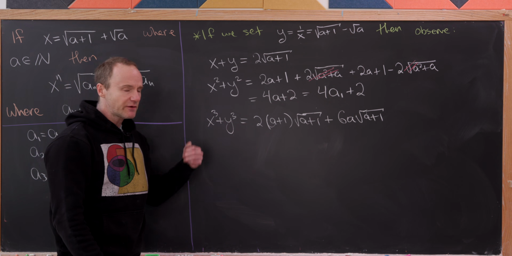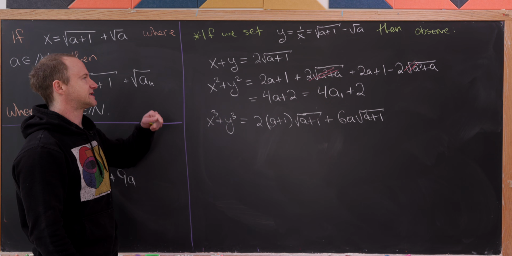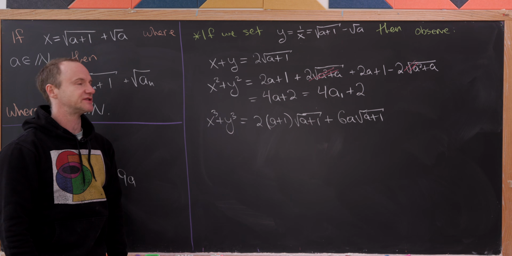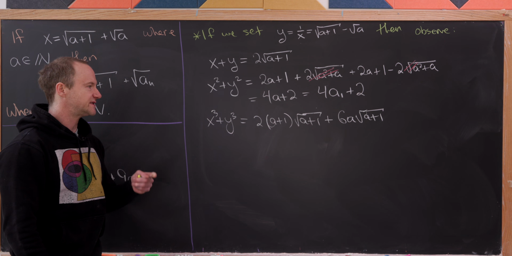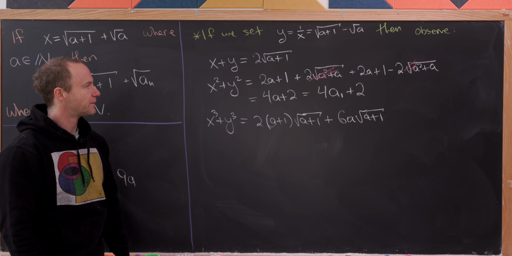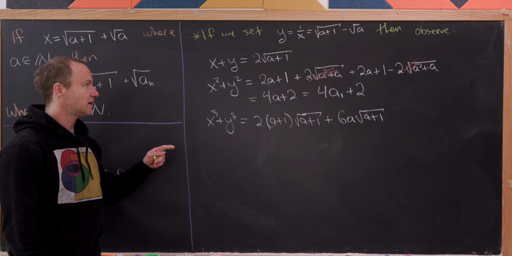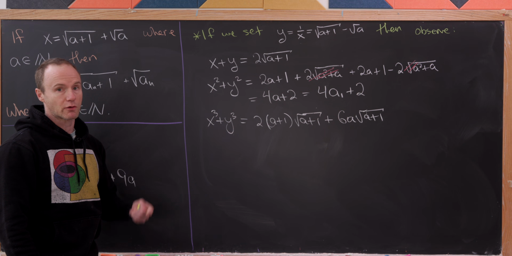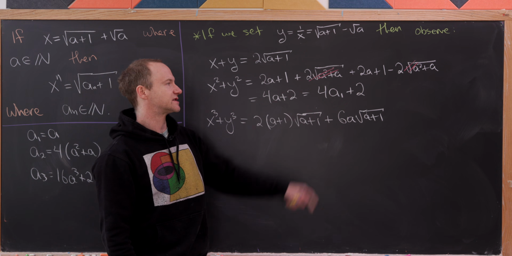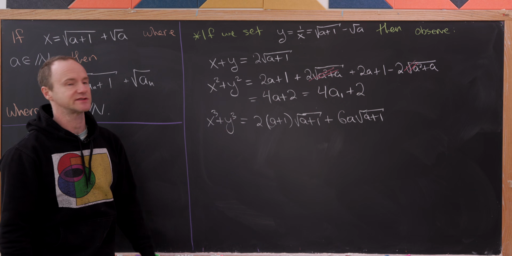So even from these first couple of cases, let's observe that these odd-powered combinations of x and y will always give us something involving the square root of a plus 1. Whereas these even-powered combinations of x and y don't. That's because the square root of a plus 1 term cancels.